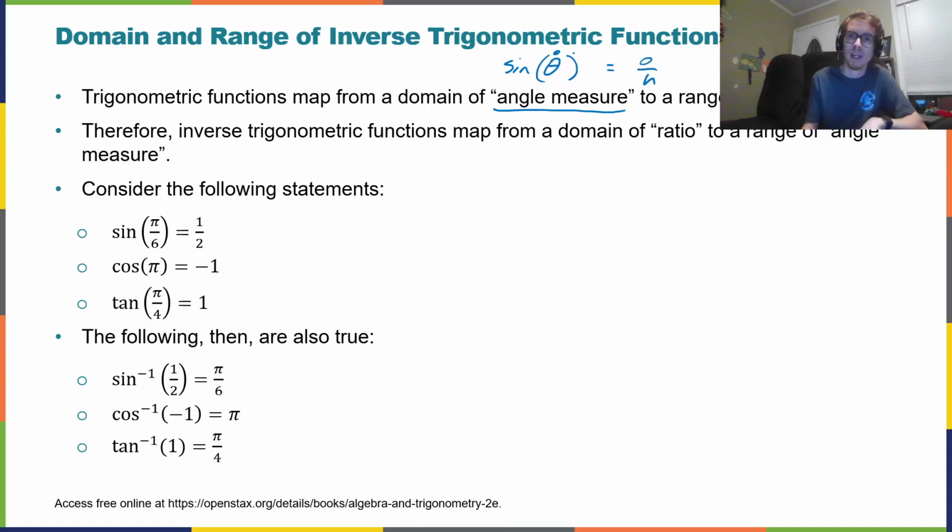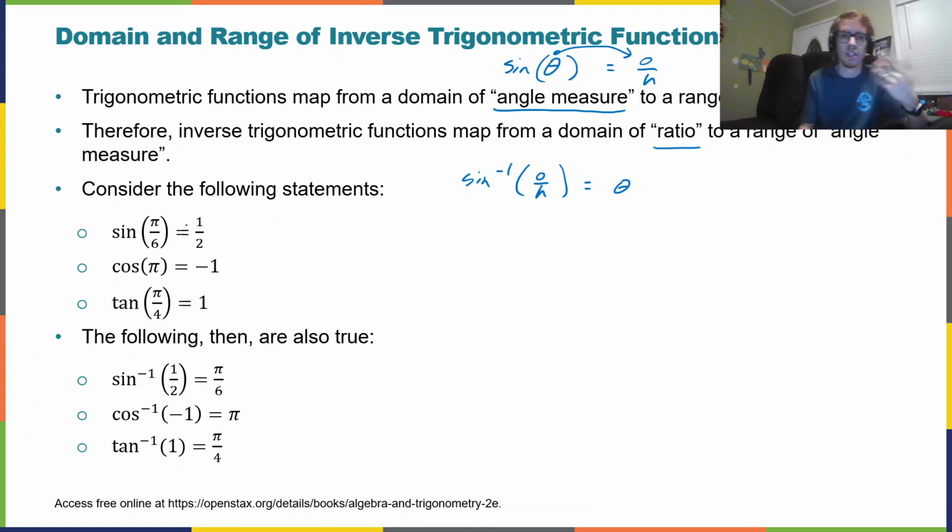So the domain is our angle, and the output is our ratio. Inverse trigonometric functions work in the opposite direction. They start with a domain of ratio and a range of angle measures. So arc sine, or inverse sine, of the opposite over hypotenuse, that ratio, equals an angle theta.